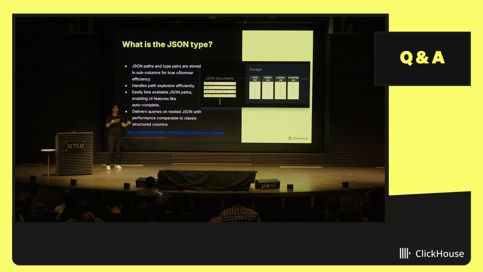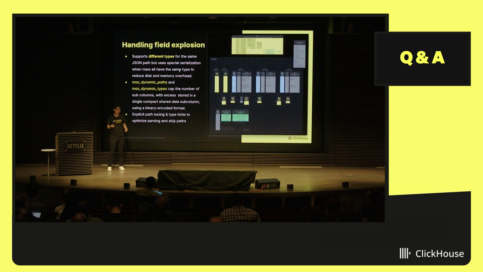So if you have a lot of different properties, then the rare type path combination we put in the shared data. So it'd be put into one column that's binary encoded with everything else that's overflowing. If you have only 100 properties total, it'll also get promoted into its own column. So you do get to pick the number of paths that can be promoted. Based on how you tune it is how it would get promoted, or I guess demoted, to shared data.